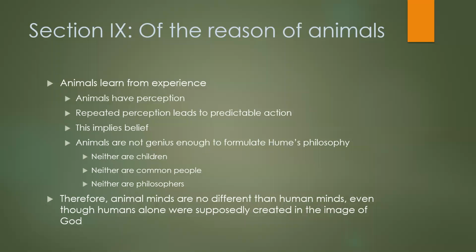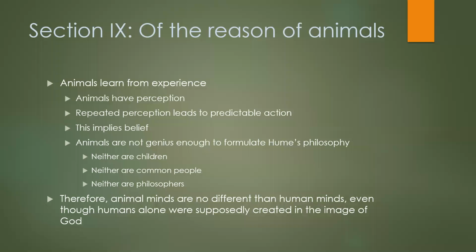But learning seems to imply belief, right? You can't learn unless you're learning something. And what is that something? It's a belief, right? The dog believes if it does this, it's going to get hit. It believes if it does that, it's going to get a treat or a pet on the head, right?